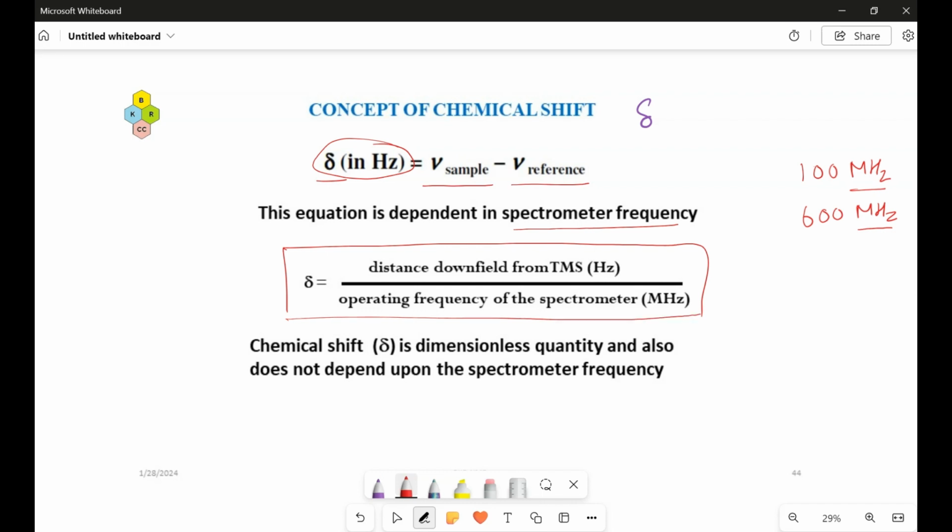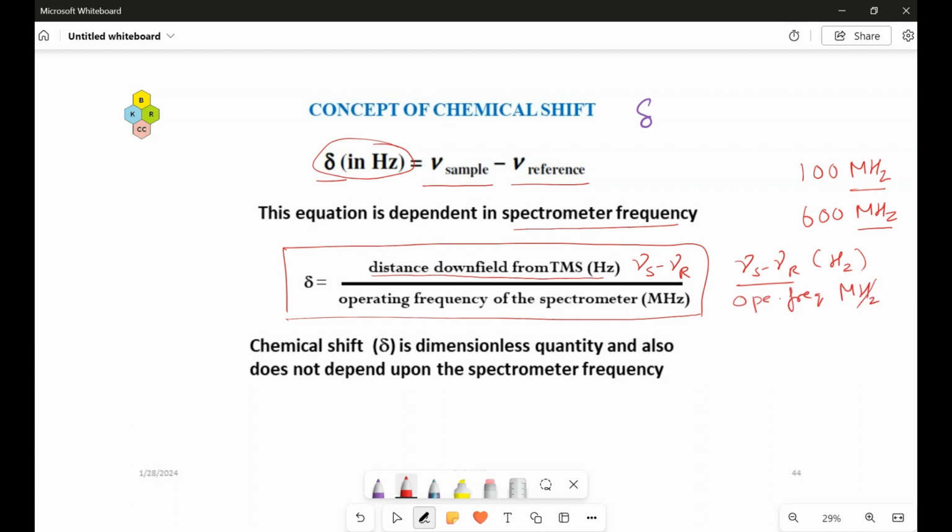So the formula is delta, the distance downfield from TMS. It's nothing but nu sample minus nu reference divided by the operating frequency of the spectrometer. So your nu sample minus nu reference is given in hertz, and your instrument frequency, the operating frequency, is given in megahertz.